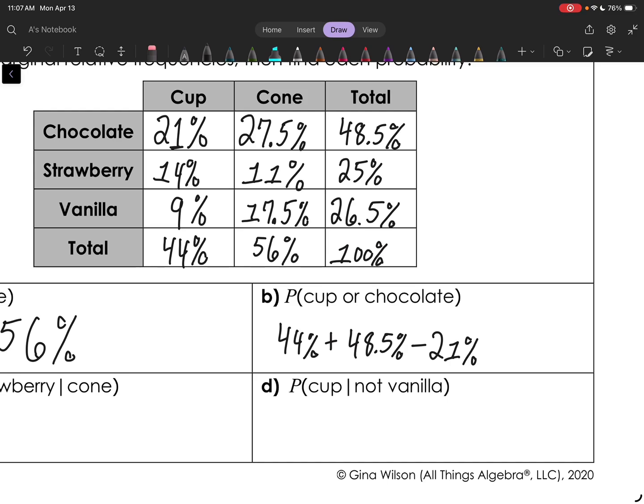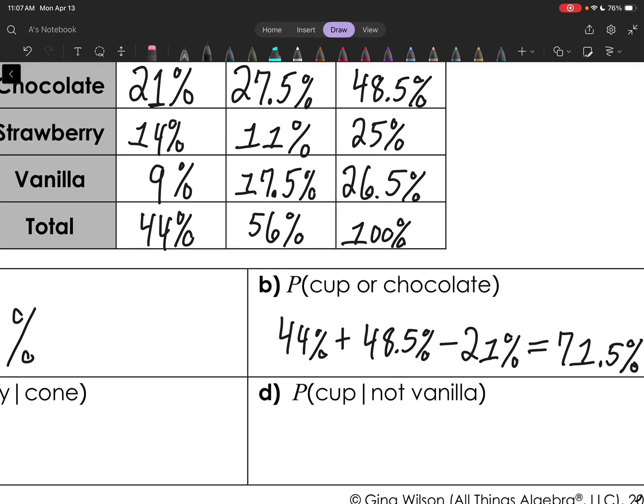So this is 23 plus 48.5, 71.5%. So, in case you didn't keep up, this is the probability of a cup, probability of, well, I just now realized C is not going to work for chocolate because it's also in cup. So, CU for cup, CH for chocolate. This is the probability of a chocolate cup.